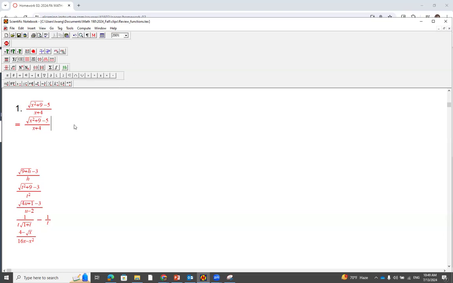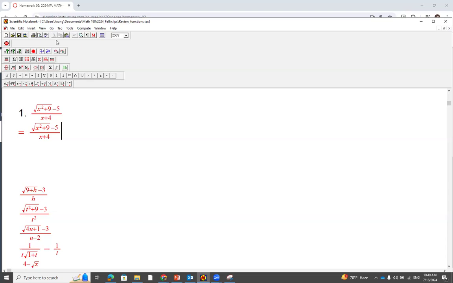We understand that anything times 1 stays the same, right? I'm just making the font a little bit larger. Okay, so we're going to multiply by 1, but this 1 is going to be chosen to be the conjugate of the numerator, which is root x squared plus 9 plus 5.